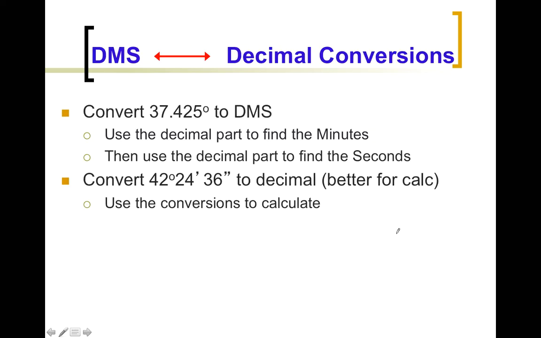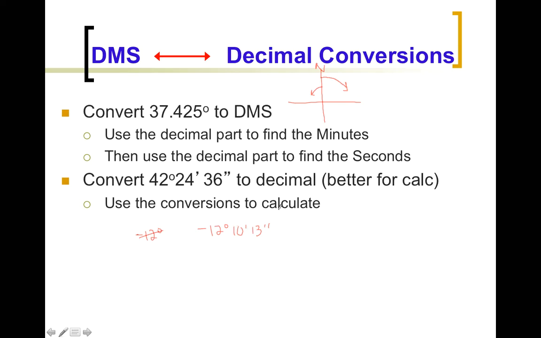Oops. On this, I do want to make a note of negative angles. Positive angles are measured clockwise from north. Negative angles are measured counterclockwise. The reason I'm going to say this is because if I had negative 12 degrees, 10 minutes, and 13 seconds, I need to make an understanding here.